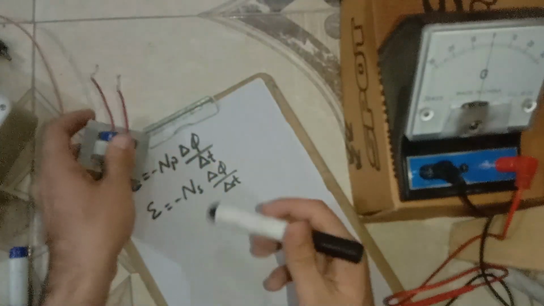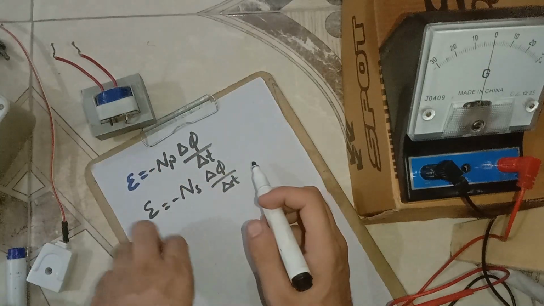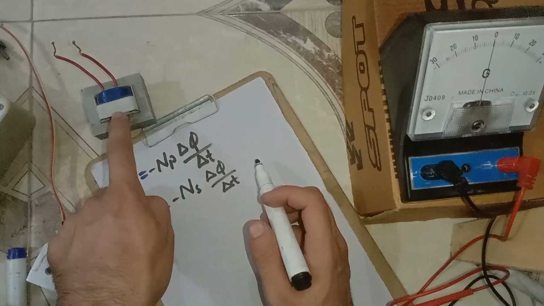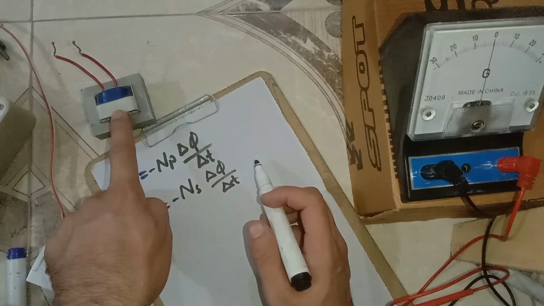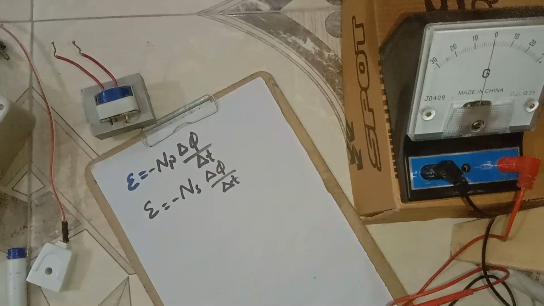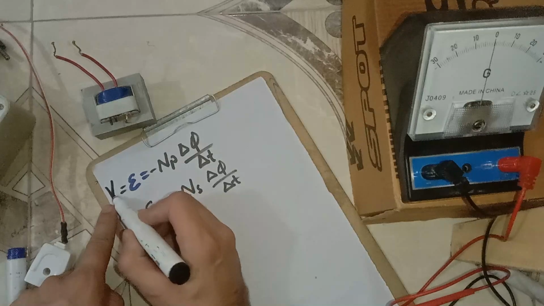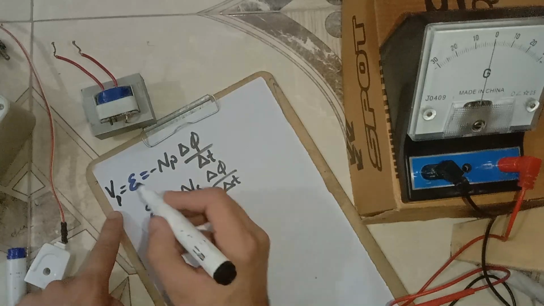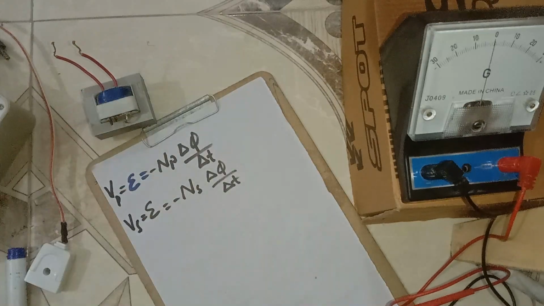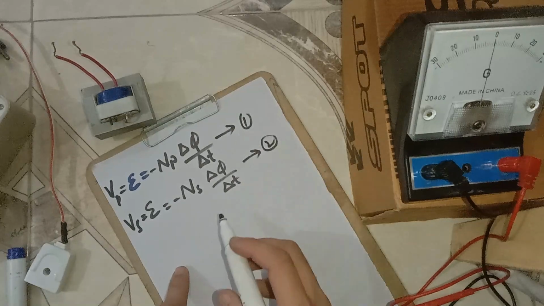So therefore we can write here that the EMF induced in the primary coil will be equal to the EMF induced in the secondary coil. This is the EMF induced in the primary coil, and we call this Vp, and here we call this Vs. So these two are equal, so therefore equation 1 and equation 2 will be equal.